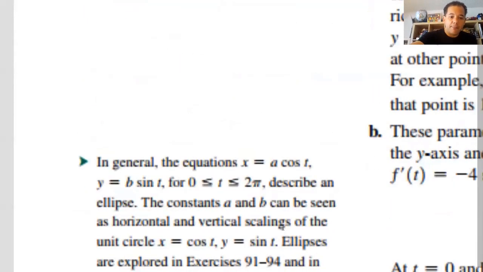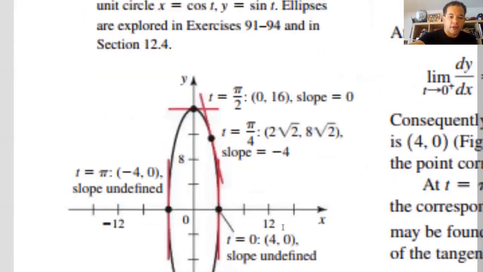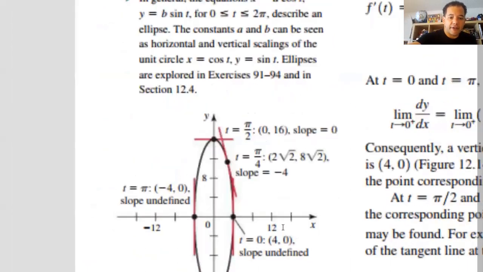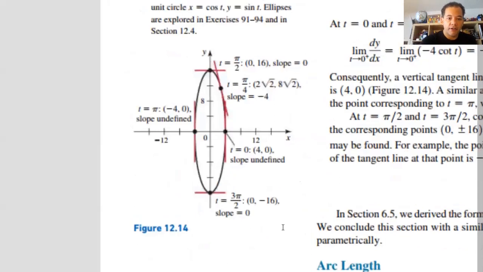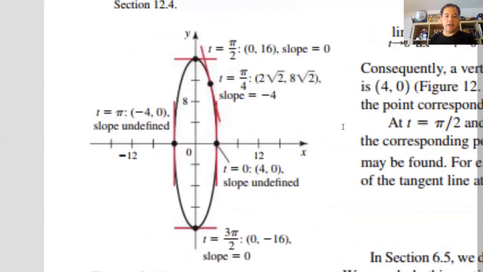For the second example that we did, the picture that is described there is an ellipse. Is this ellipse over here. And this ellipse has effectively two horizontal tangent lines. One of them happens when t is pi over 2, right here. The other one happens when t is 3 pi over 2.